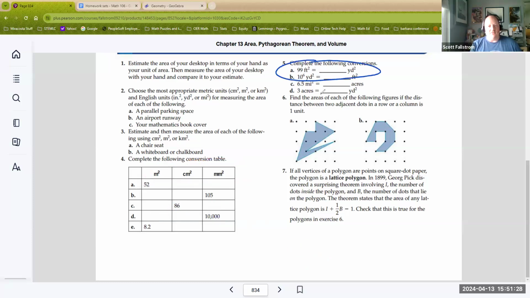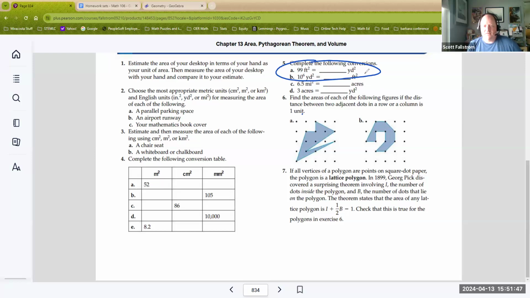If you are doing square feet to square yards, square miles to acres, and so forth, notice for acres, look back in the book, but one square mile is 640 acres. I would give you that for the exam. For right now, you'd have to look it up.